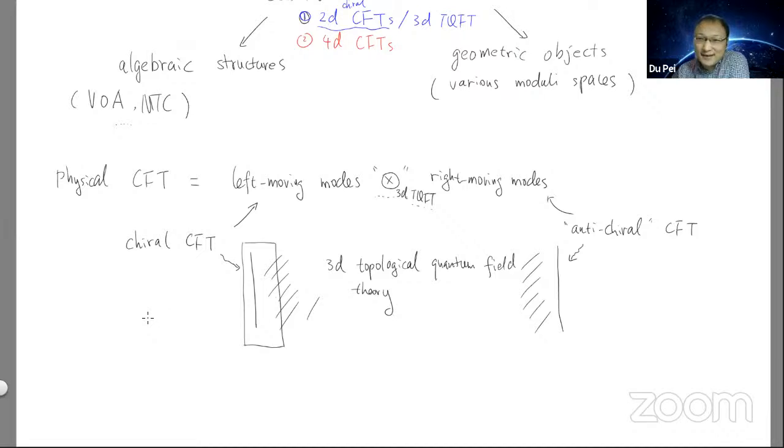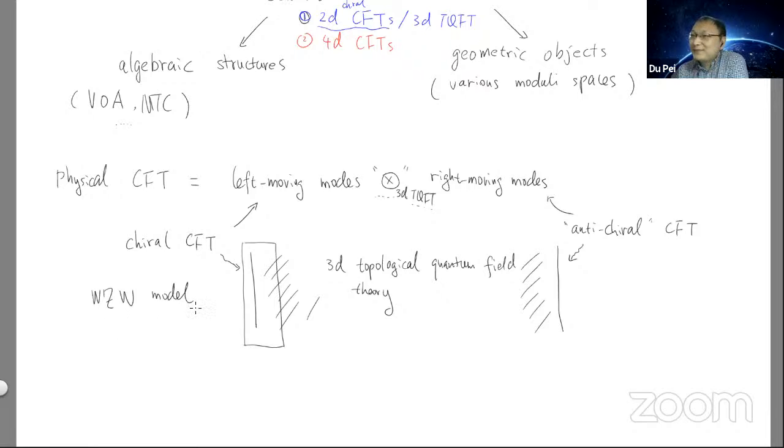One famous example of this 2D-3D correspondence is given by the WZW model on the boundary. You have already learned a little bit about it yesterday.